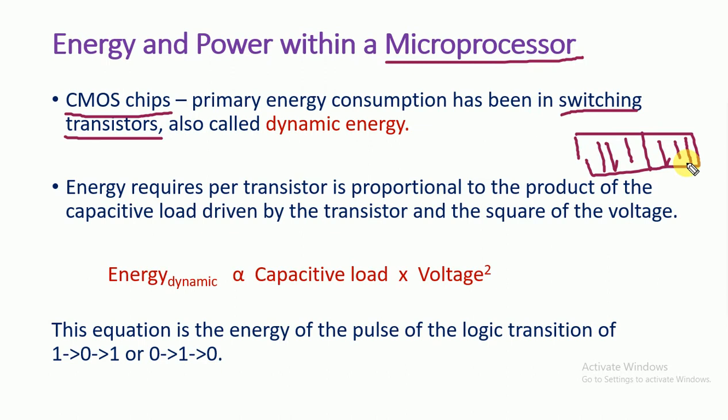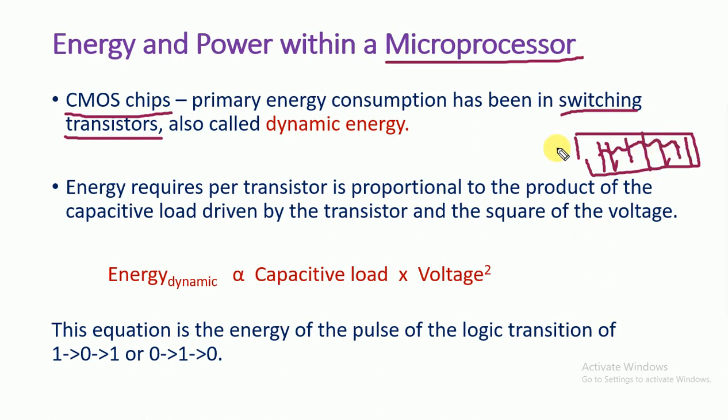So as we increase the number of transistors, we will have more switching between transistors. The major operation that happens within an IC chip is switching from one transistor to another transistor.